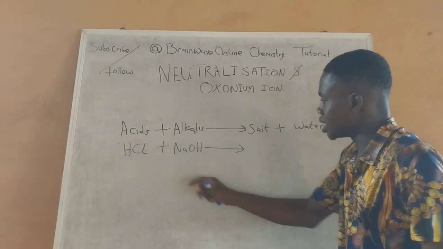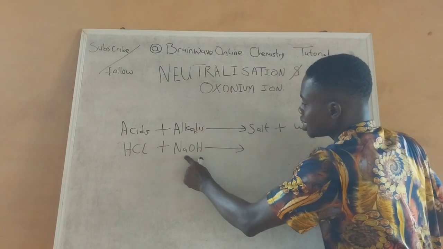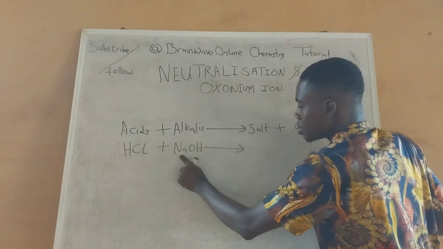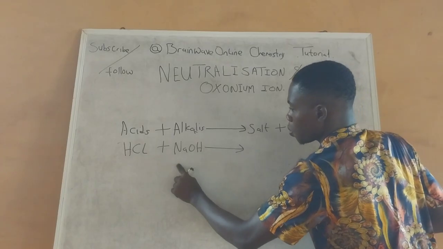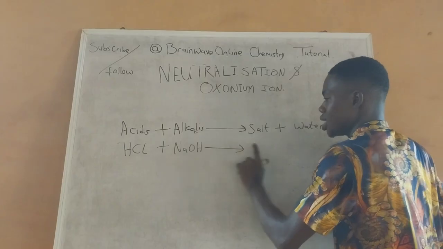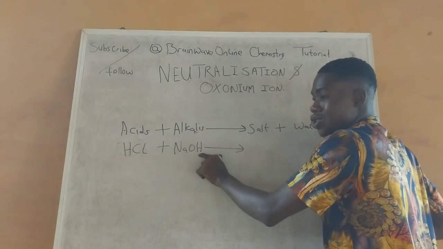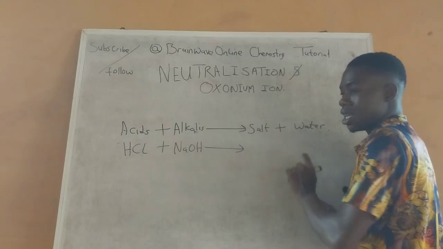Now what will happen here is that there will be an exchange of radicals. This sodium ion will react with this chlorine ion to form the salt, then this hydrogen ion will react with the hydroxide ion to form the water.